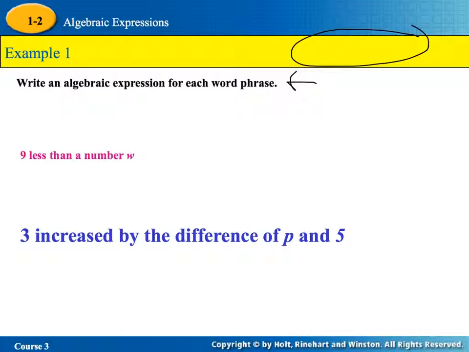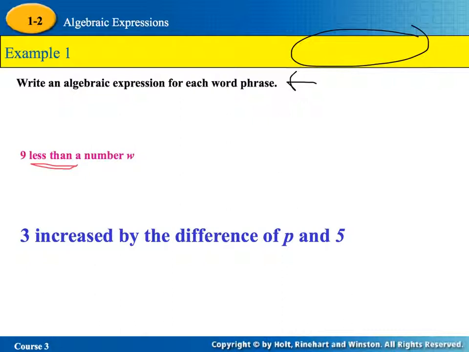All right. So we have algebraic expressions. The examples give us word phrases here. So we have 9 less than a number W. One key to this is those two words, less than. Remember when we talked about that problem right before this slide on that sheet?